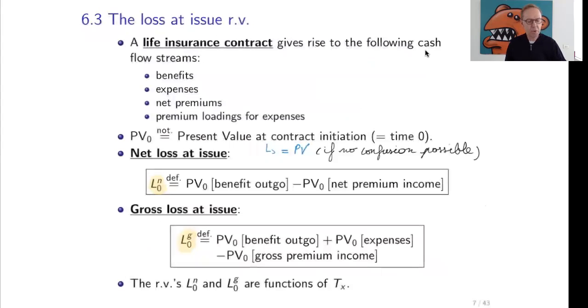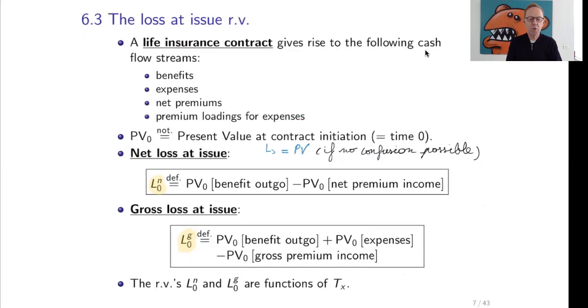A life insurance contract, in fact, gives rise to a number of cash flows, as we have seen already. There are benefits that the insurer will pay. There are expenses that the insurer will make. And then there are net premiums that the policyholder will pay. And apart from the net premiums, he also pays a loading, a premium loading for the expenses.